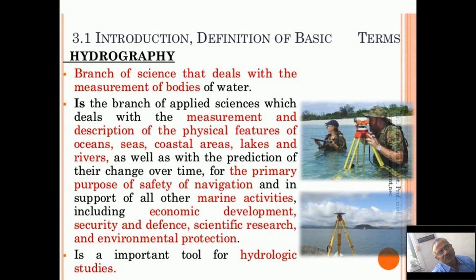In simple words, the hydrographic survey means the surveys which are carried out on water bodies or near the water bodies. So any survey related to water bodies comes under the category of the hydrographic survey.